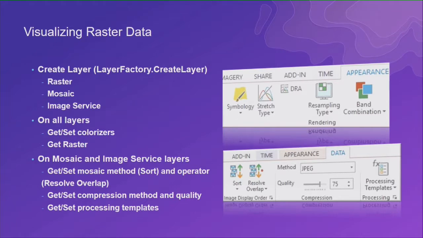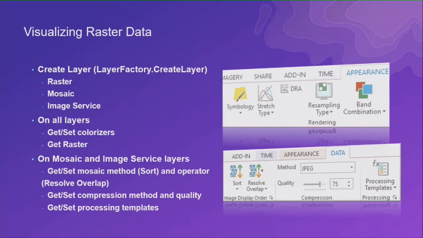The first section of the raster and imagery support in the ArcGIS Pro SDK for .NET can be thought of as visualizing raster data. Just like in the software, when you want to visualize raster data, you start by adding it to the map, which basically is the process of creating a layer from that data. So the LayerFactory.CreateLayer method allows you to do that within your code.